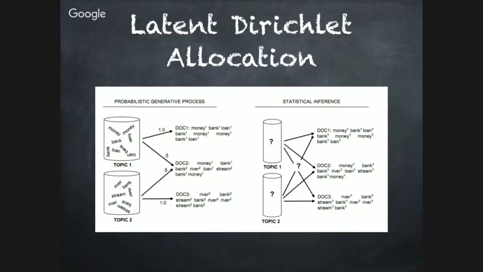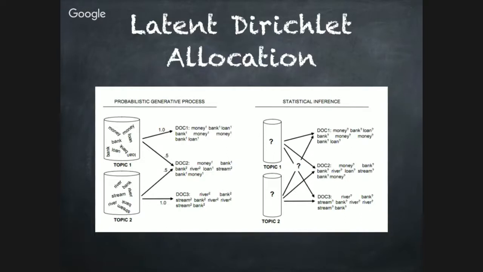And then we have stream, bank, river, stream, bank. So with this, we have one topic that's a bit mixed, which the computer doesn't really know what to do with, and the human being as well. But we have two very, very clear topics. We have the money, bank, loan, and we have the river, bank, stream, and so on. And the word bank is clearly differentiated.